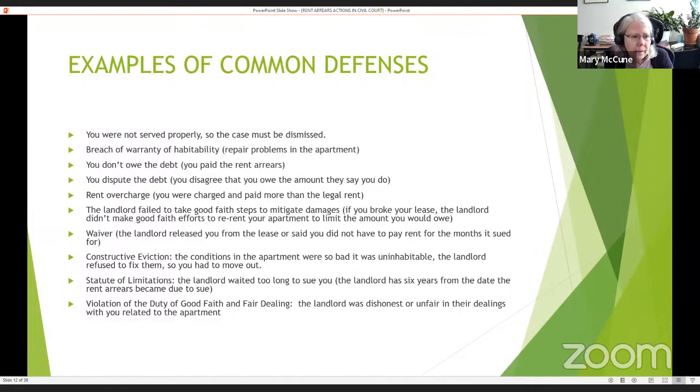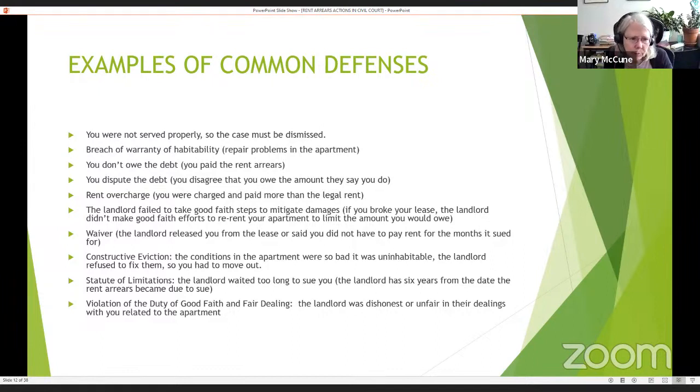Because you overpaid. The landlord, this is the defense I talked about a little bit earlier: if you broke your lease and the landlord's suing you for the months left on your lease, you can say as a defense that he or she or it didn't take good faith steps to mitigate the damages. Maybe they re-rented the apartment, because once they re-rent the apartment, even if your lease isn't over, you're no longer responsible for the rent.